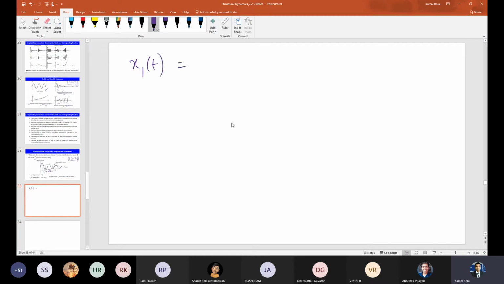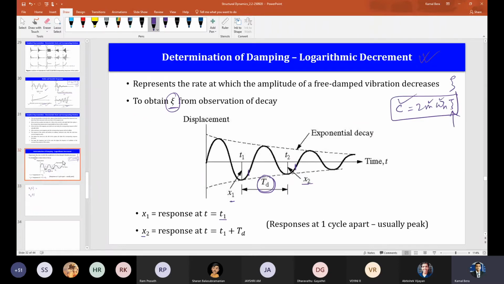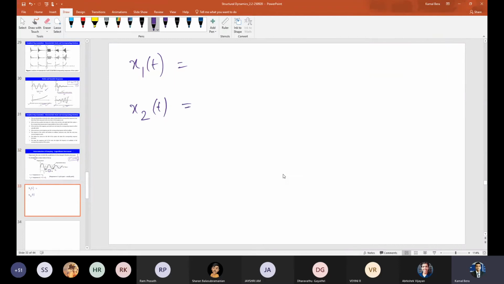And tell me what is x2, the response at time t2. So what is the expression? For x1, this one is very simple: e to the power minus zeta omega n, and instead of t it is t1, A cos(omega d t1 minus phi). What will be the next one? Just instead of t1 it will be t2, right?